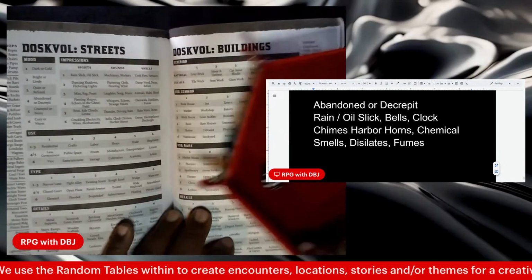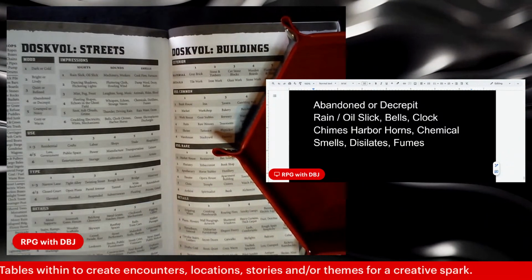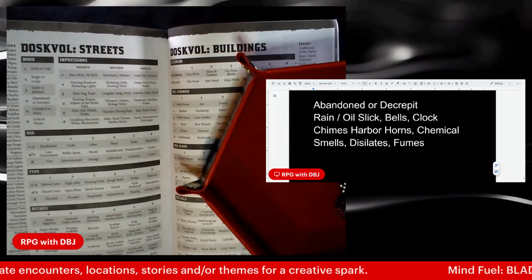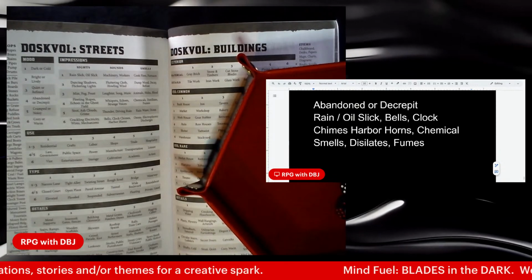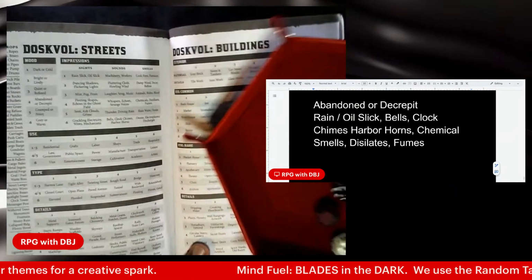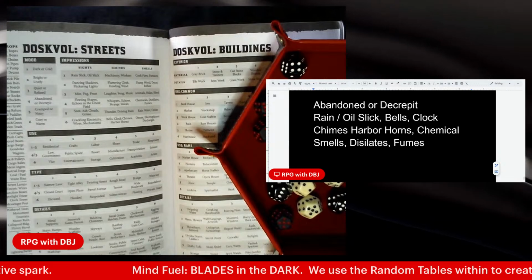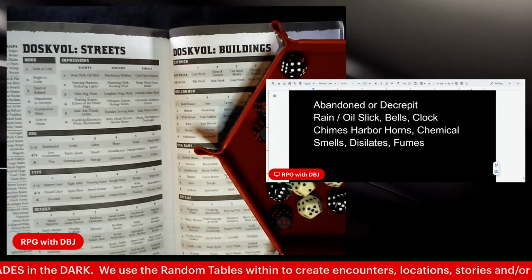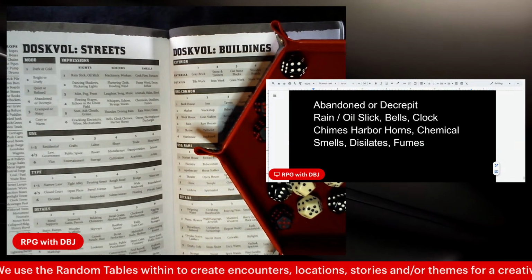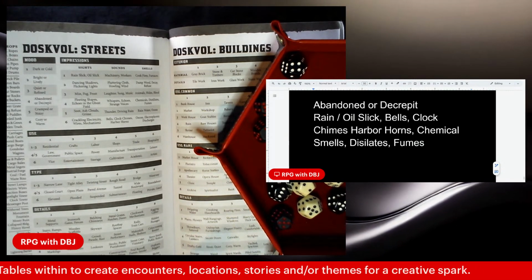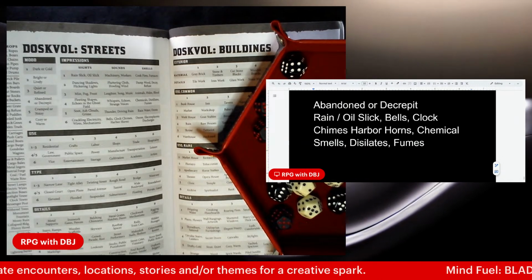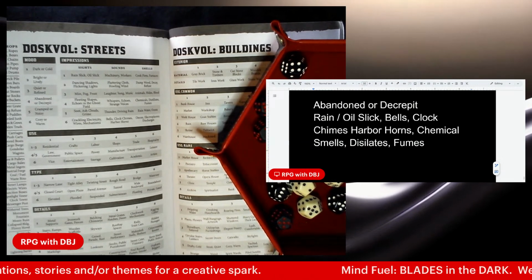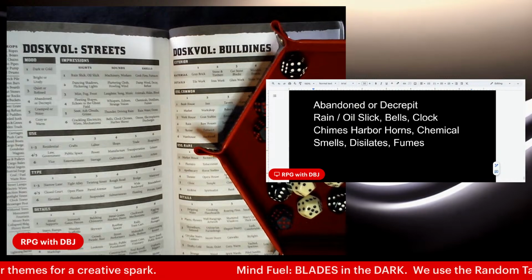And we all may have our impression of what a neo-victorian Blades in the Dark region is supposed to look like, but most of us are going to be hard pressed to describe 8 different neighborhoods and all the buildings in them as the players navigate through this town. We have to have some way of differentiating what the place looks like and feels like, even on a daily basis.